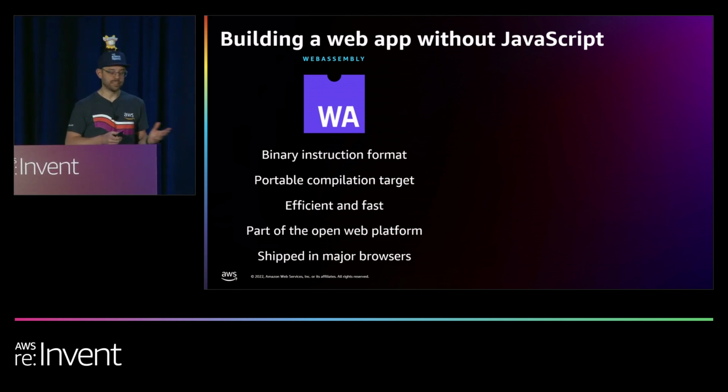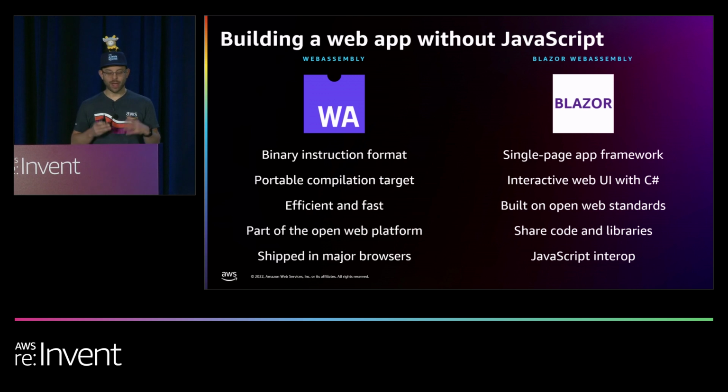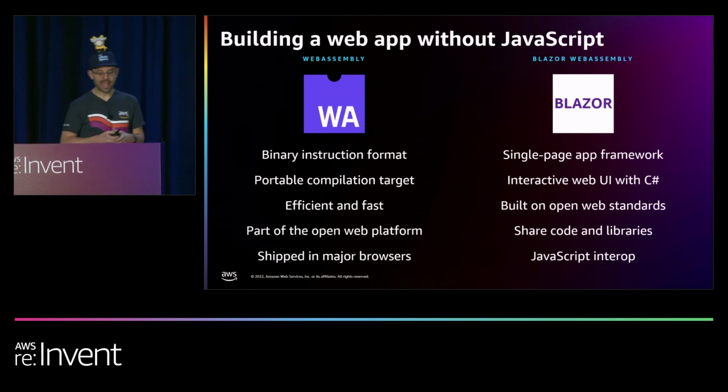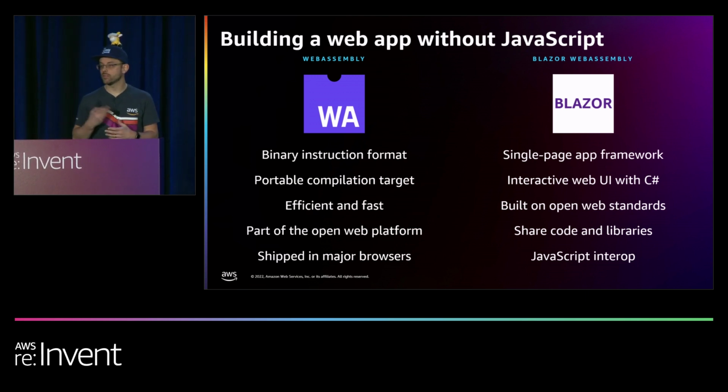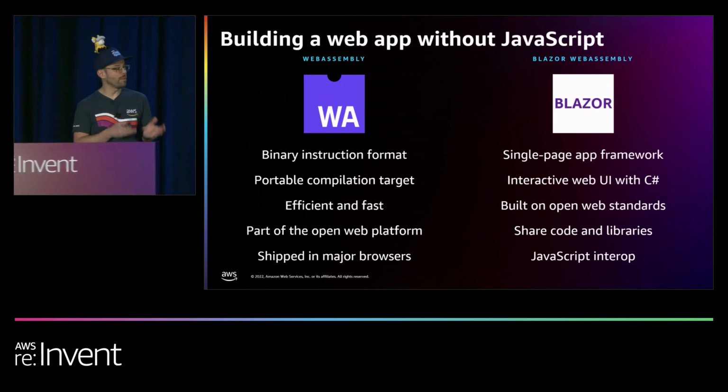And the .NET team, and especially the .NET Web team, has seen a huge opportunity to enable .NET developers to build modern web applications with their C# and .NET skills, like myself. They've extended their component-based Blazor web application framework to support WebAssembly.